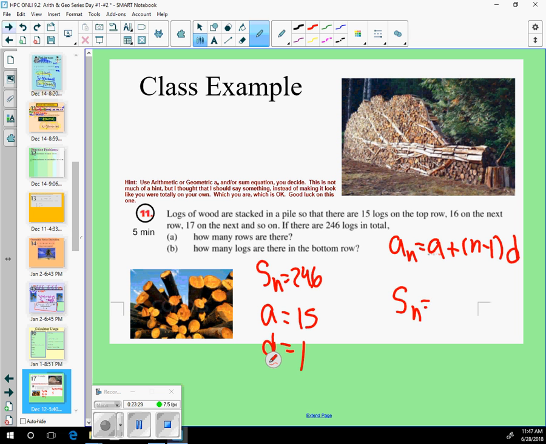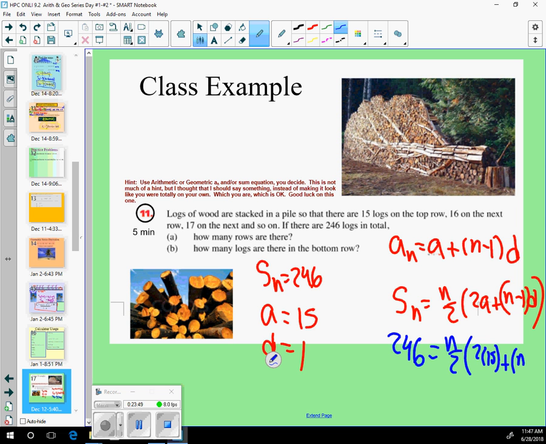S sub n is n over 2 times 2a plus n minus 1 times d. We know the sum is 246. We don't know the number yet, but we know the first term is 15, and we do know that d is 1.